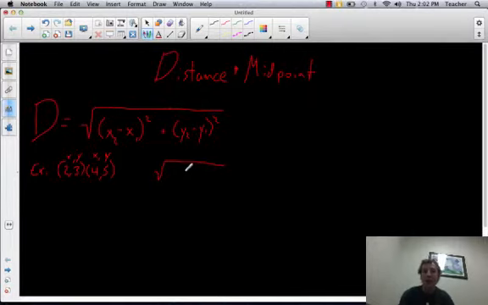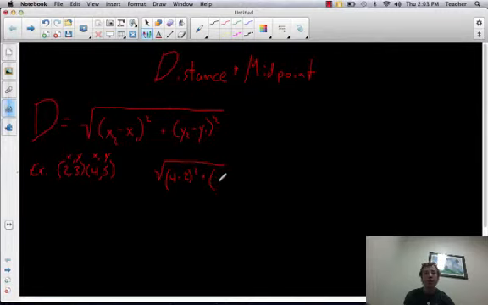So, we're going to take the x from coordinate number 2, or x sub 2, which would be 4, and subtract the x from coordinate number 1, or x sub 1, which would be 2. We'll square that.